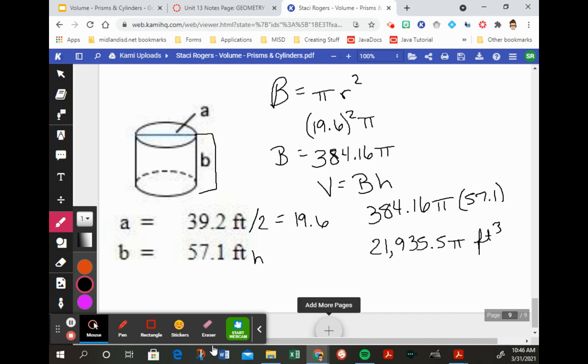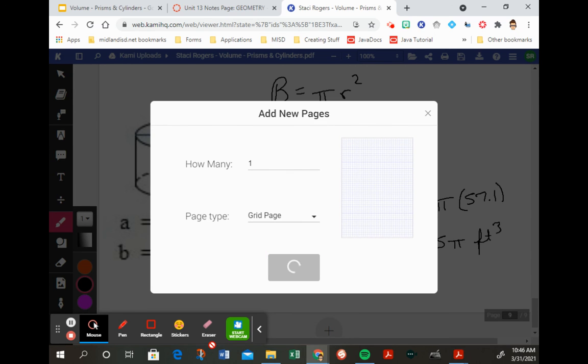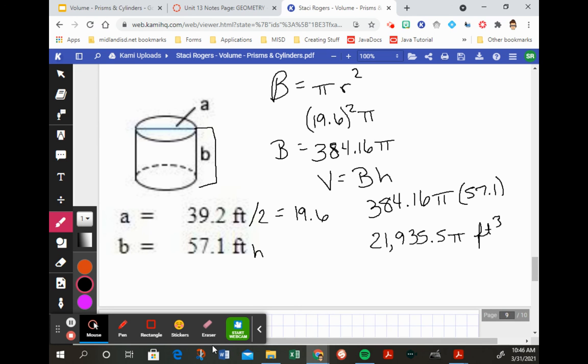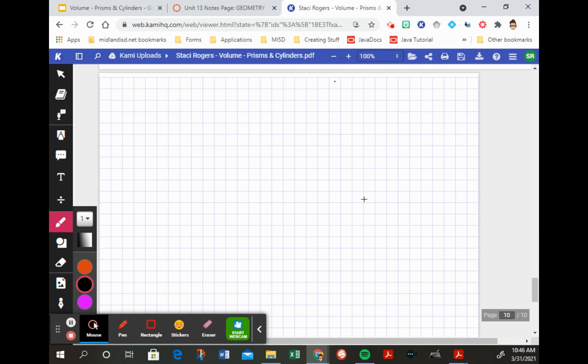Okay, so let's recap. If we're looking at using our formulas, a rectangular prism volume equals V equals big B times H. That's the easy one.